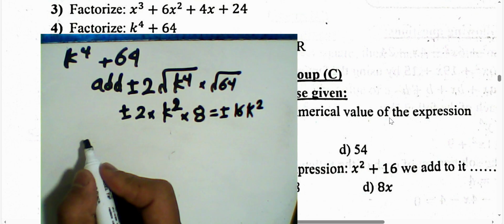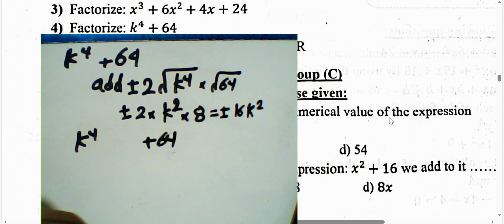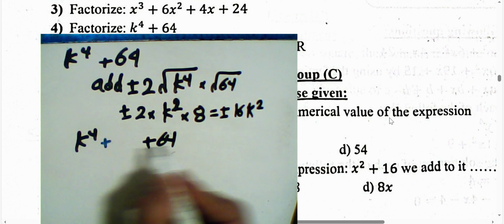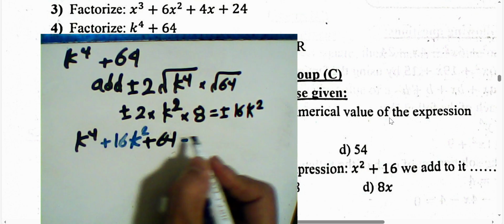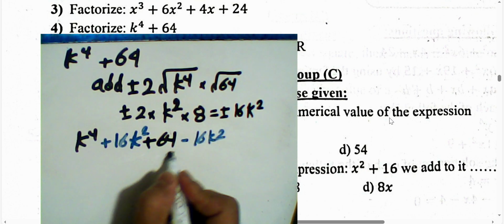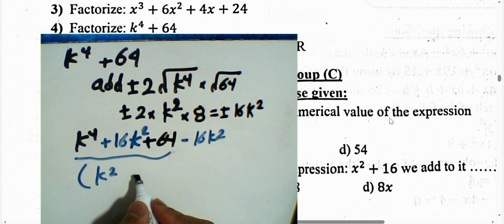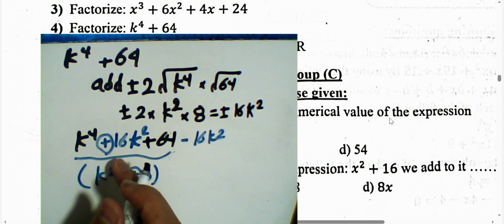Then the expression here, k power 4 plus 64. In this example, you must put this term here in the middle with a positive sign and here negative. Write 16 times k power 2 and here 16k power 2. We can factorize this expression, write k power 2 and the square root of 64 equals 8, and write the middle term.